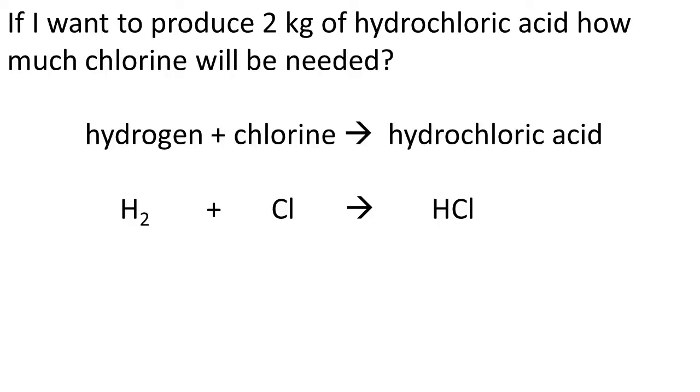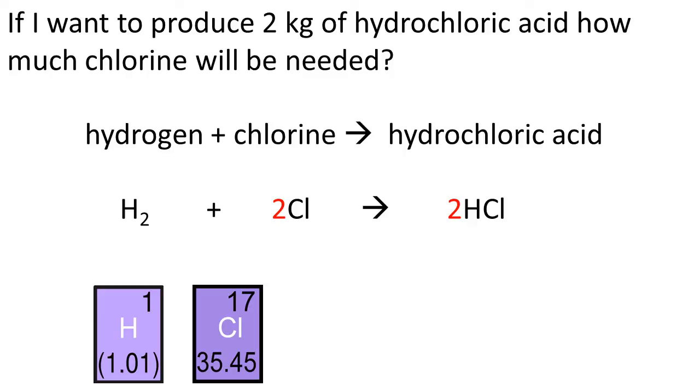It's not. You've got 2 hydrogen atoms there, and you've only got 1 on the other side. This is just like the magnesium one. We need to put a 2 in front of those, the chlorine and the hydrochloric acid, and now we're balanced. Okay, next step, step 2, just like before. What's the relative formula mass of these things? Well, hydrogen has a mass of 1, chlorine has a mass of 35.45.